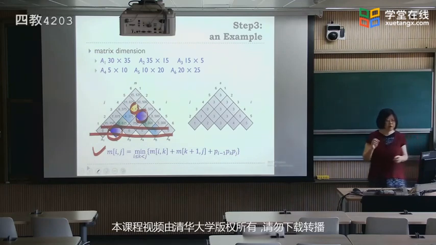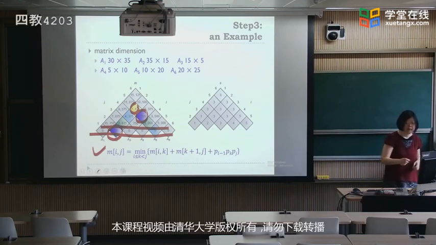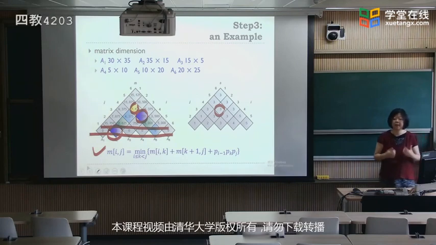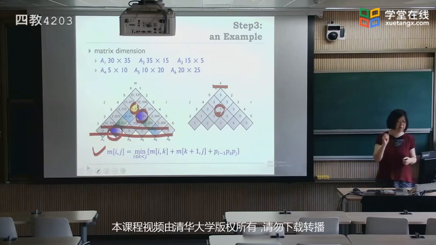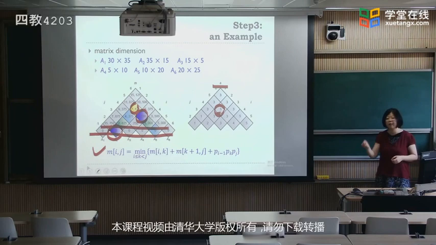After that, you compare these three values and you pick the best one. And you put the choice, the optimal choice, in the table S. So here, the optimal choice is 3. That means the optimal split happens after matrix 3. So we have A2, A3, and then A4, A5. Okay?